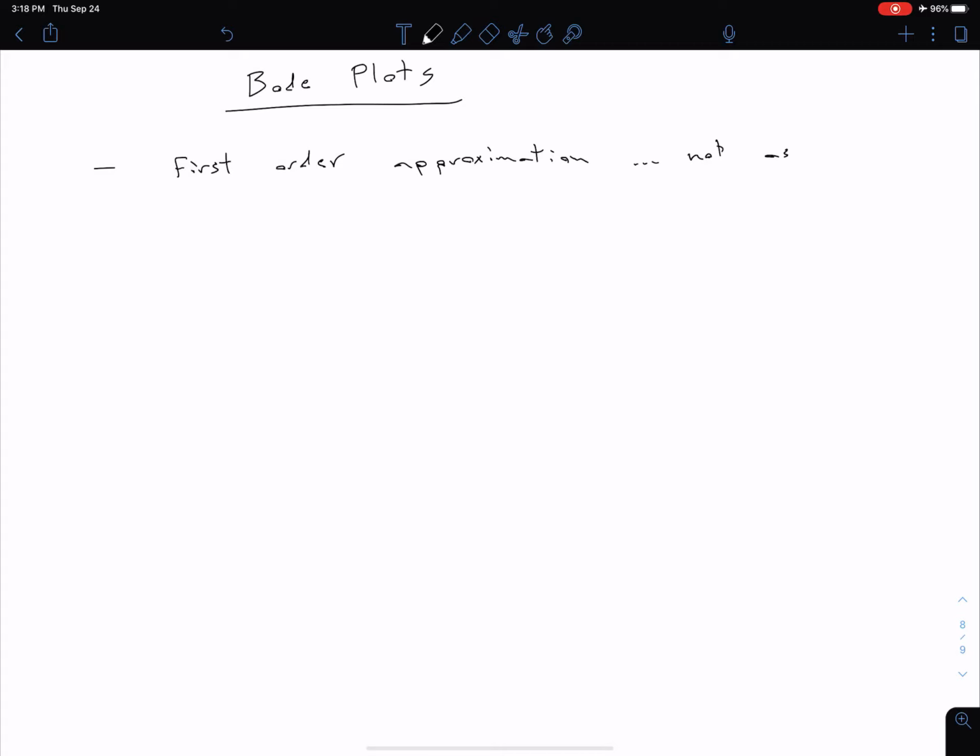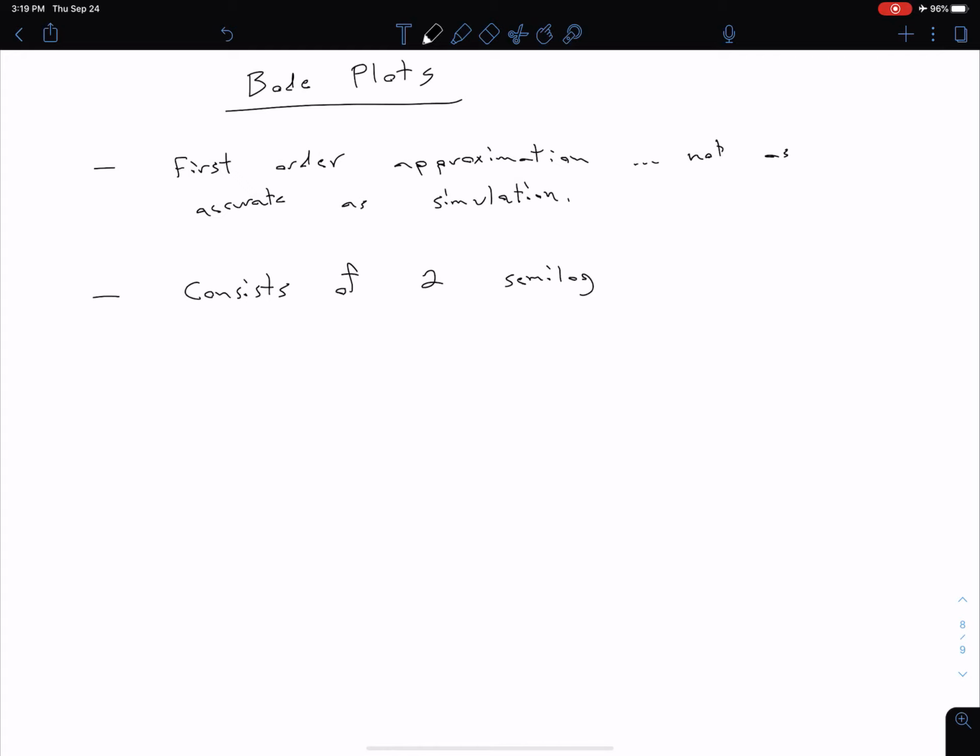So not as accurate as simulation. We're going to point out a little later on exactly where the main discrepancies are between this approximation and the simulation, but for now just know that this is going to be a pretty good approximation.